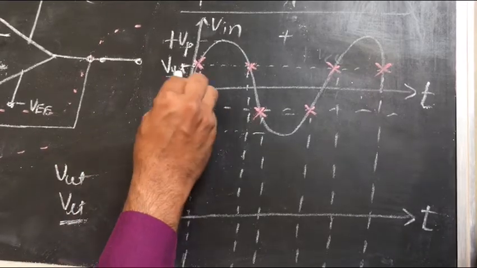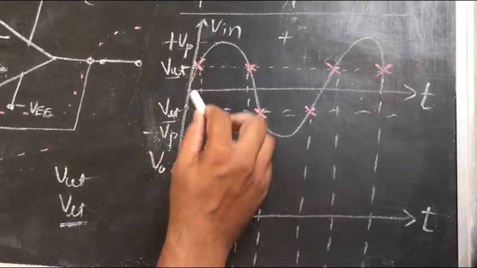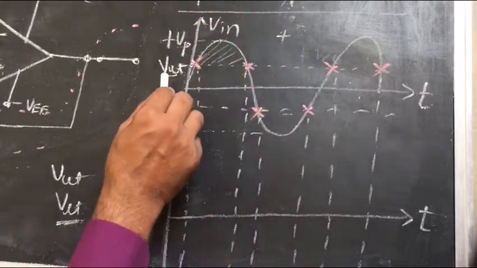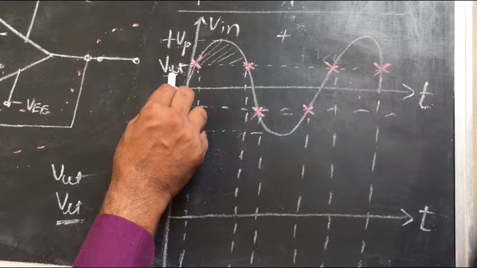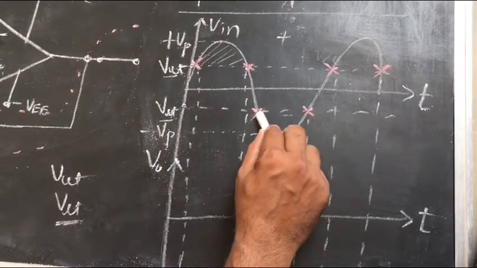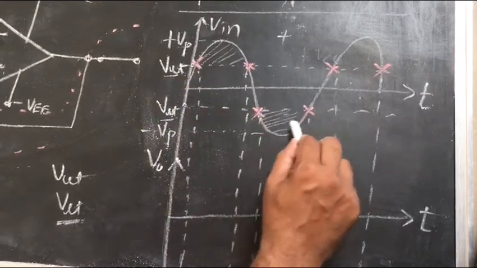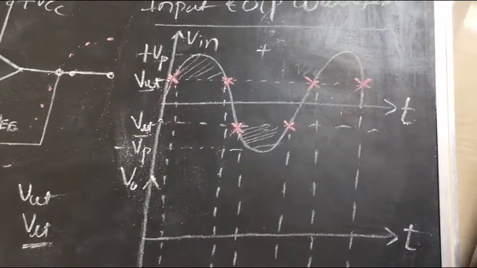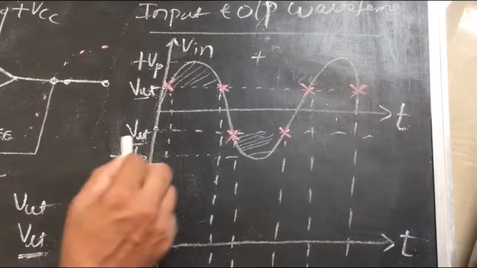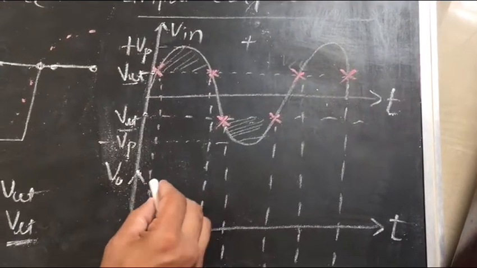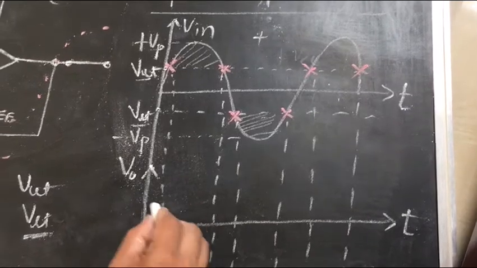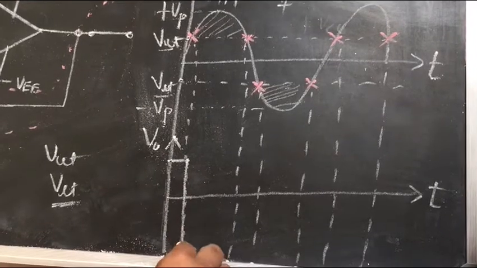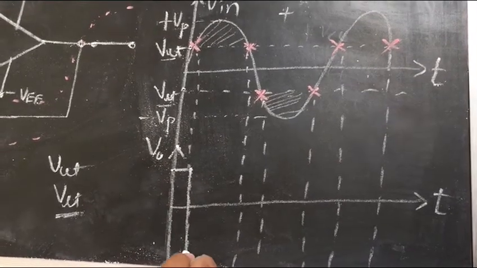This is VUT and this is VLT. Students, this is a portion of the waveform where input voltage is greater than VUT. This is the portion of the waveform where input voltage is less than VLT, that is the lower threshold voltage. Students, as soon as Vin is greater than VUT, the output shifts from positive Vsat to negative Vsat, that is this point.